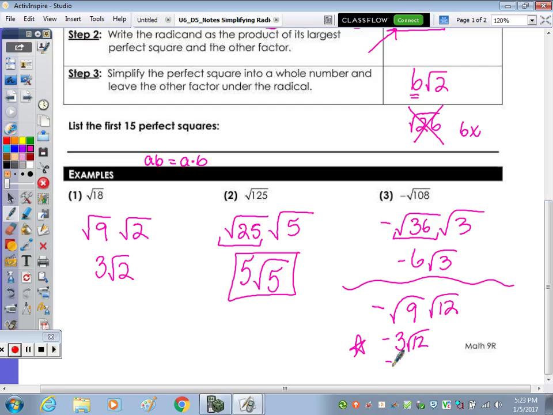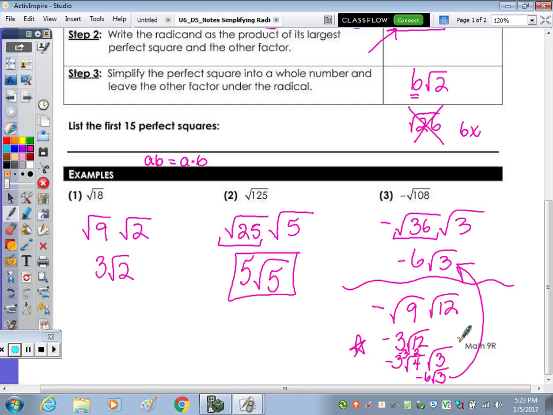So if we did that, it'd be negative 3, and then 12 breaks down, largest perfect square factor of 12 is 4, and that's 4 times 3. Okay, leaving the radical 3 alone, we can't do anything with that. The square root of 4 is 2, and 2 times negative 3 is your negative 6. You get the same thing, but there's more work.